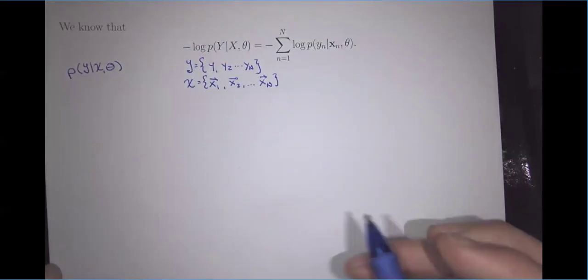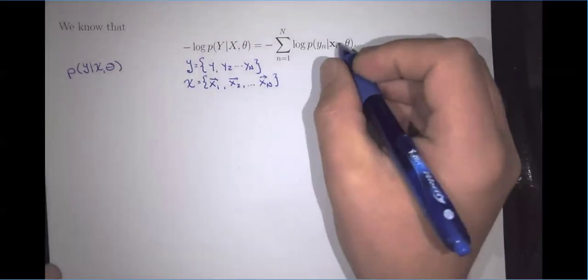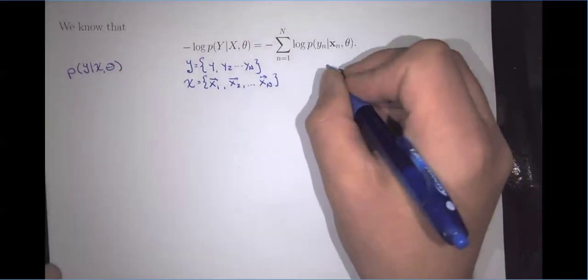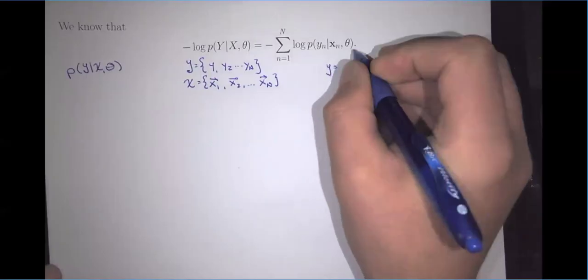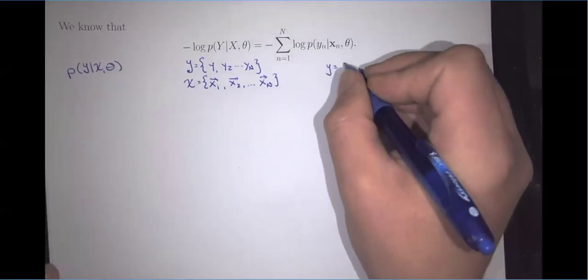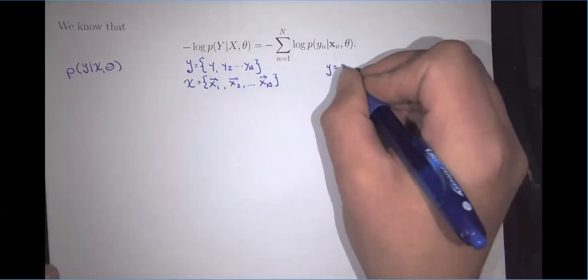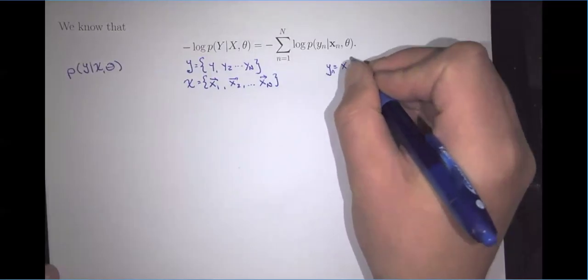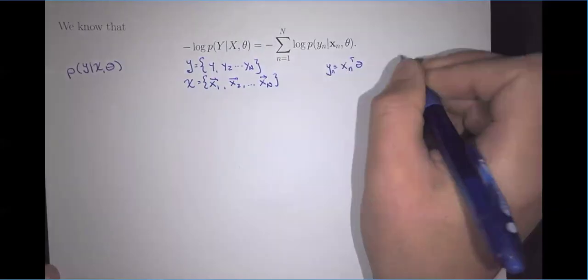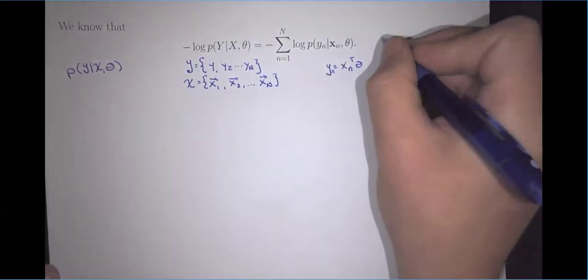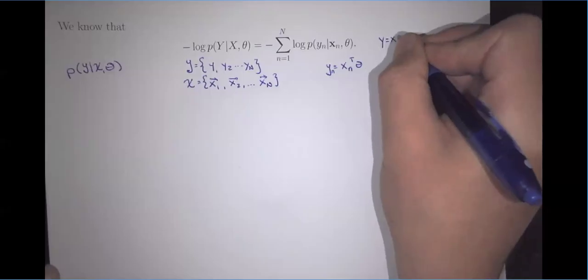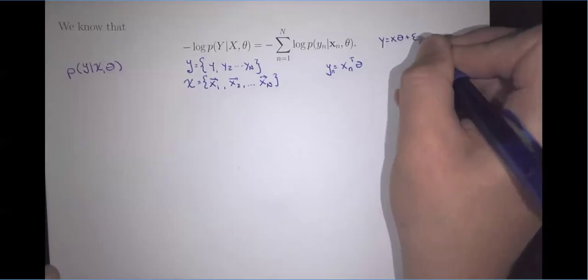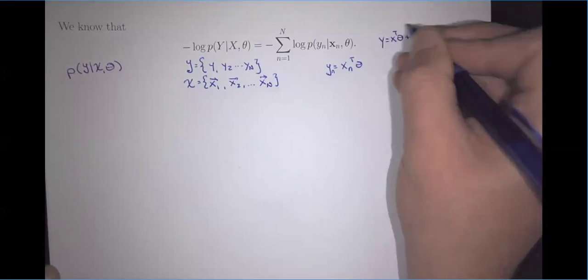Our model here that we're trying to use to generalize this data is yn equals xn transpose theta. So the model here is y equals x transpose theta plus some error.